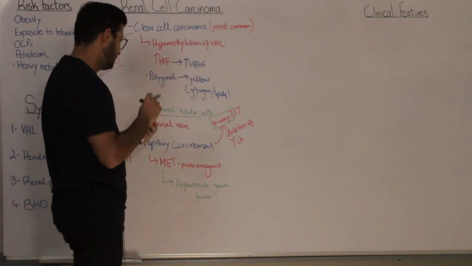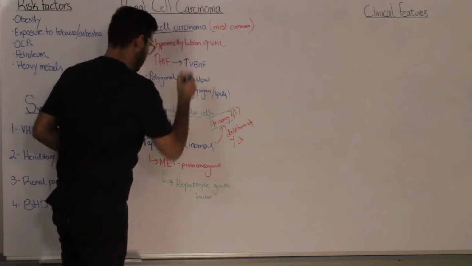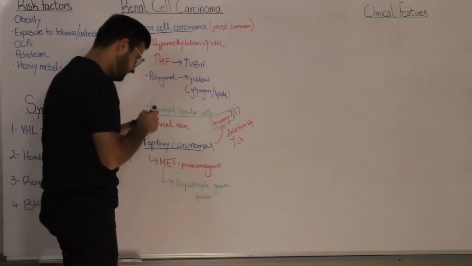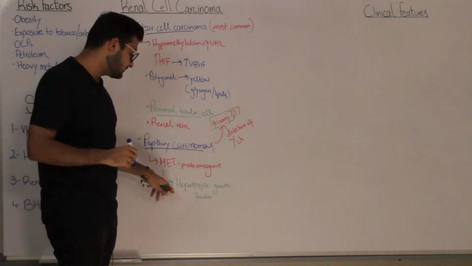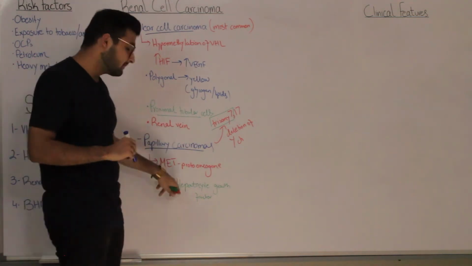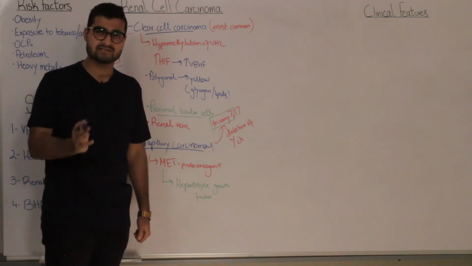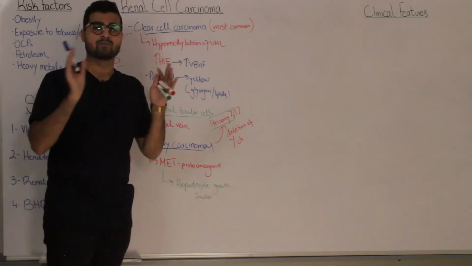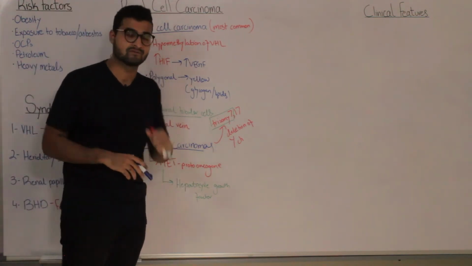Right, and one thing to note, let me underline this, yeah, here you go. So in papillary carcinomas, you have mutation in the MET proto-oncogene, which controls the tyrosine kinase receptor for hepatocyte growth factor. Now, hepatocyte growth factor is responsible for cell growth, cell mobilization, invasion, like normal architecture. All of these things come under the function of hepatocyte growth factor.